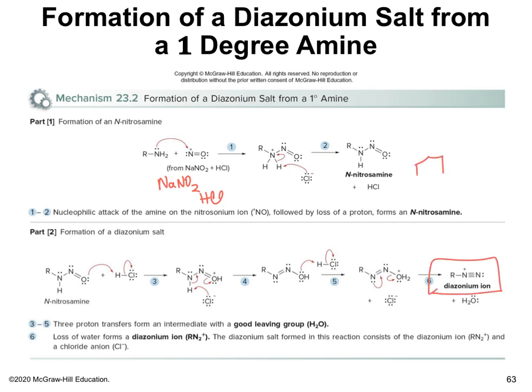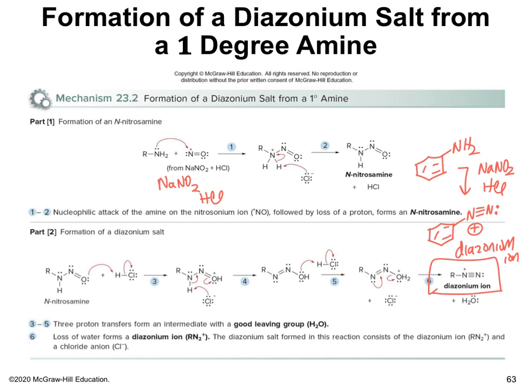I want you to be able to take an aniline, add sodium nitrite and HCl, and then draw that product, which is the diazonium ion. And that's going to be important, okay?